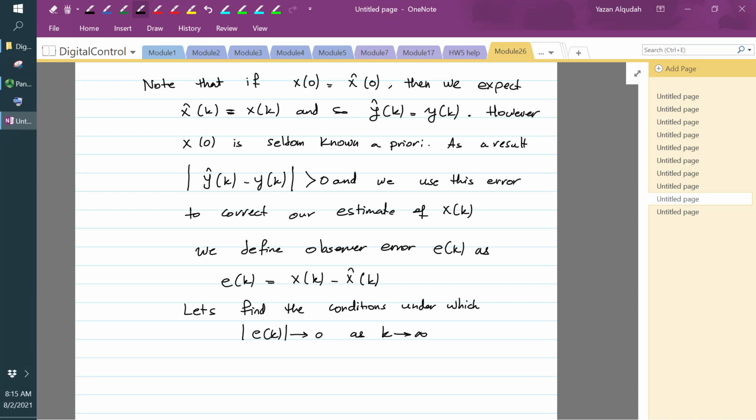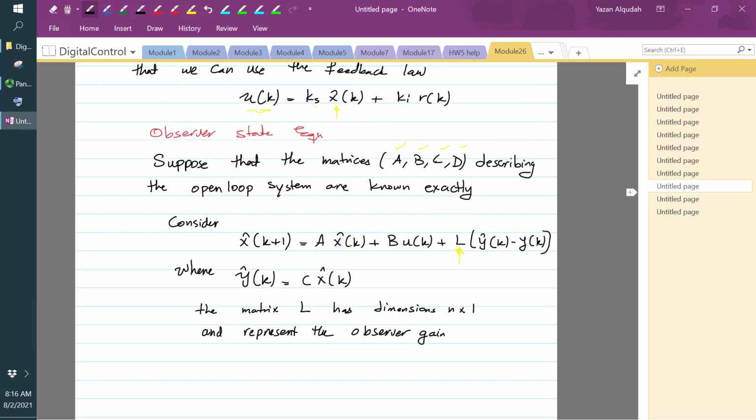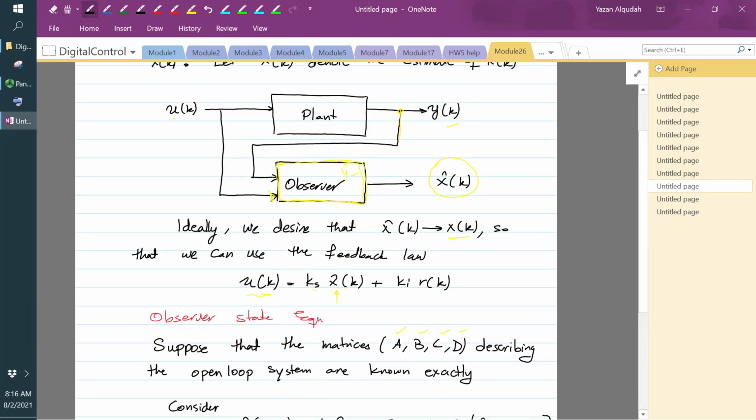Actually, I should have written this as if x tilde of 0 is equal to x of 0, then we expect x tilde of k to equal x of k, because both systems are going to be exactly the same. This is the plant. I have A, B, C, D of the plant, I have the input, I have the initial conditions. If I run this and I run this, they should exactly match.